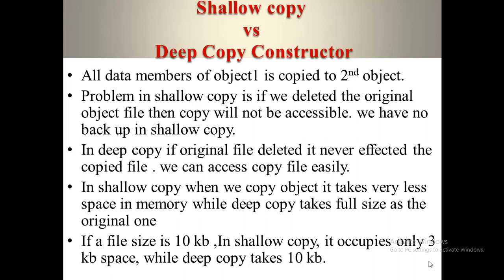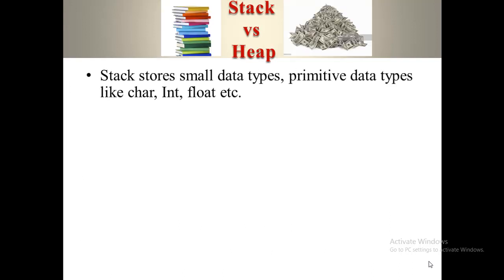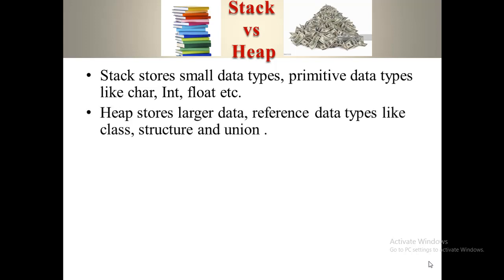Let's have a look at the comparison between the stack and heap. Stack stores small data types, like primitive data types such as char, integer, float, etc. While on the other hand, heap stores larger data types, like reference data types, for example, classes, structures, unions, and pointers.